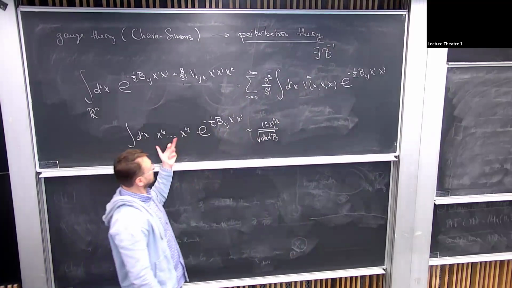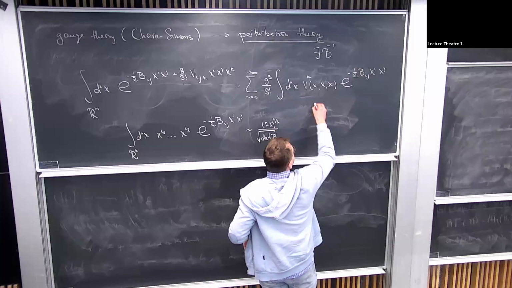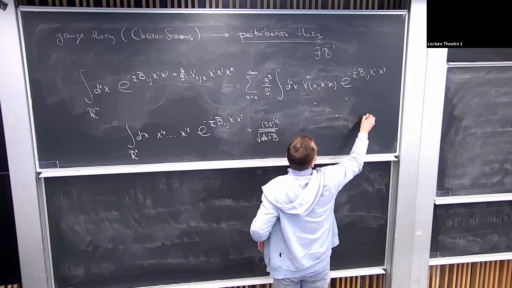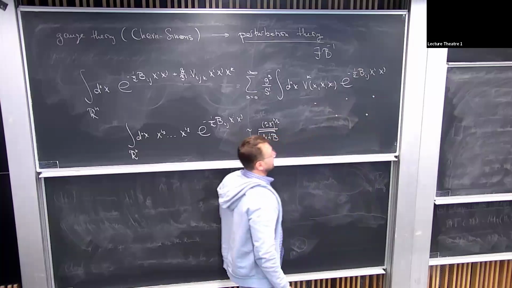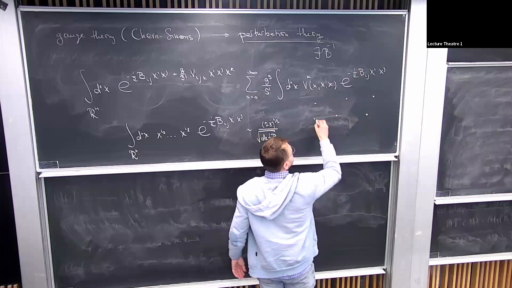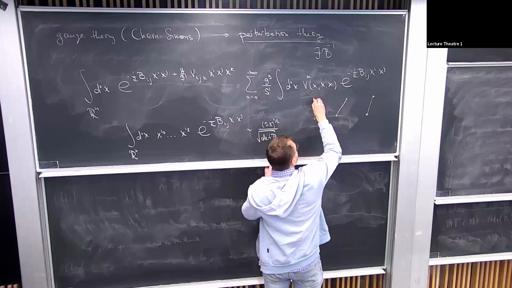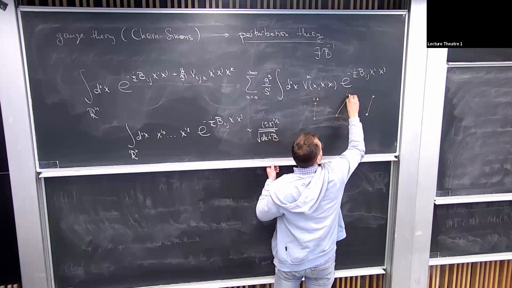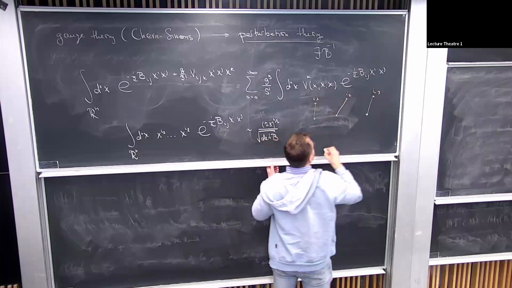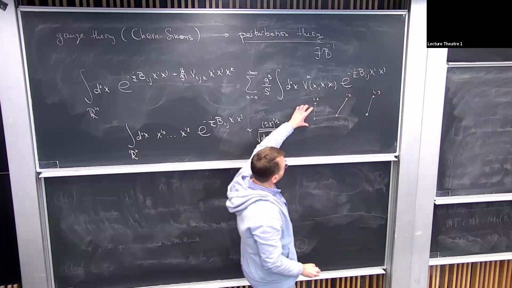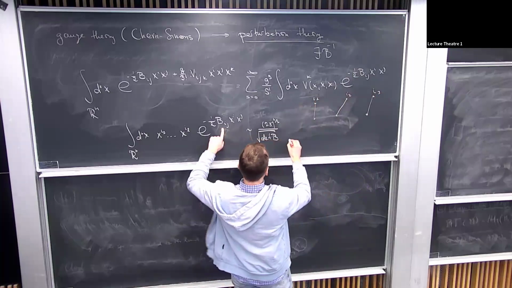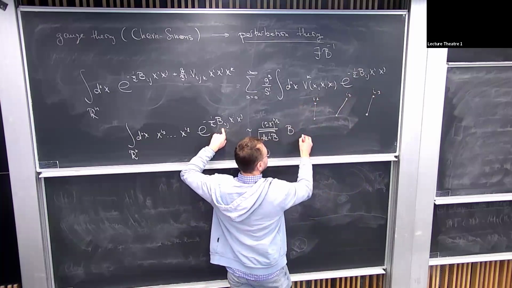You just look at these L points, okay? And then basically you have to create pairwise connections, for example, like this, like this, like this. So this would be, for example, i1, i2, i3, etc. And then for every picture, you write correspondingly B inverses.